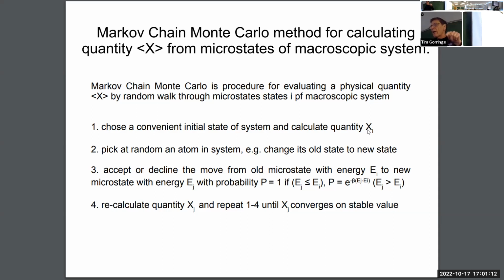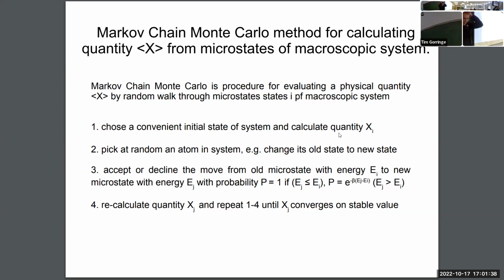Then we take a random walk in these microstates until we end up with a stable value for the energy of the microstate, which we'll interpret as the average value for the internal energy of that system of gas.